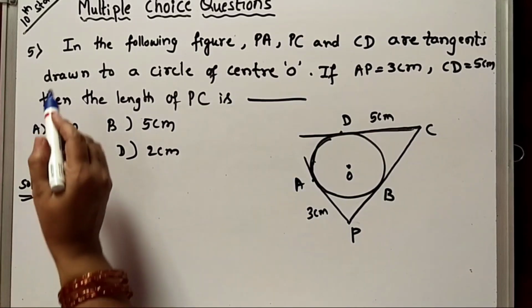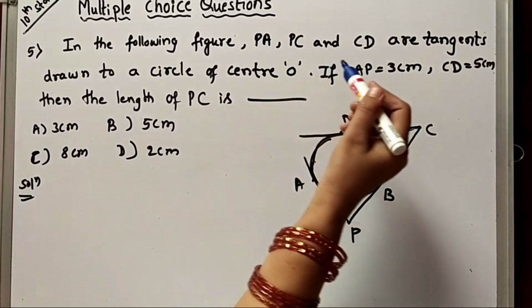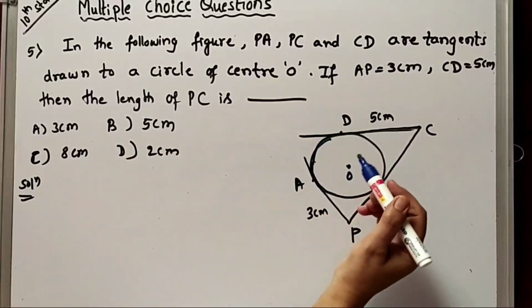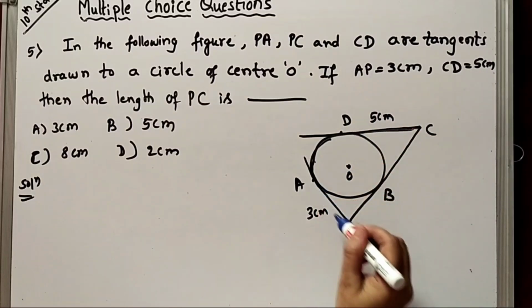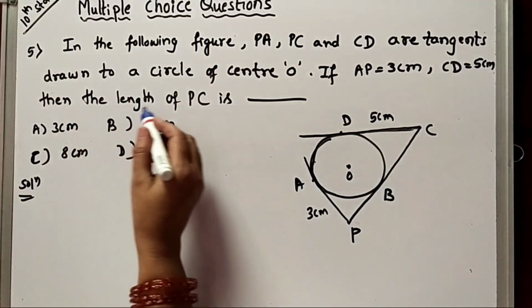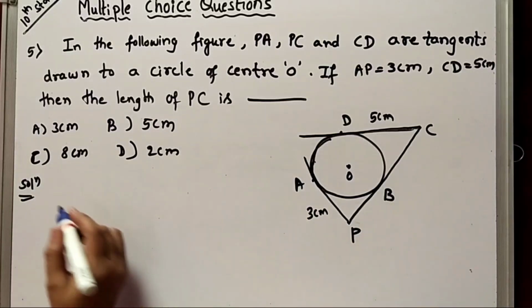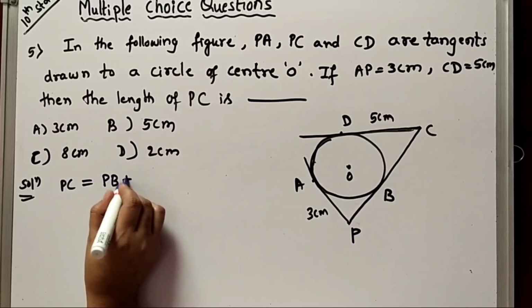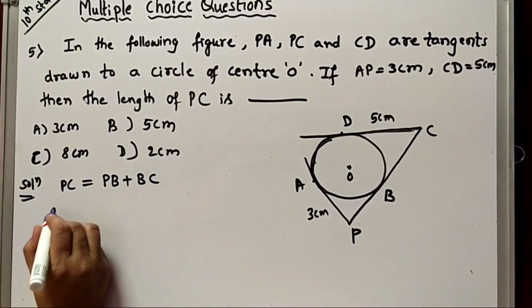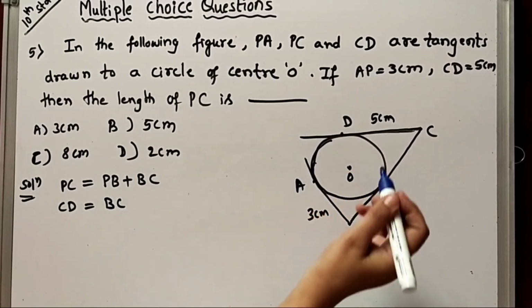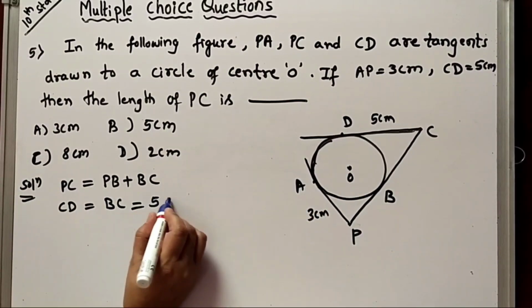Question number 5. In the following figure, PA, PC and CD are the tangents drawn to a circle of center O. If AP is 3 cm and CD is 5 cm, then the length of PC is... PC is equal to PB plus BC. Here CD is equal to BC because these two tangents are equal.